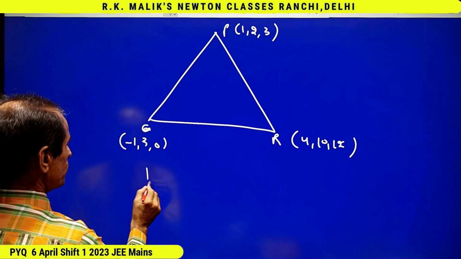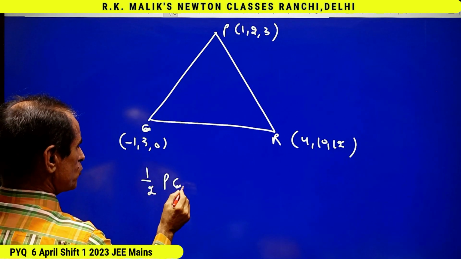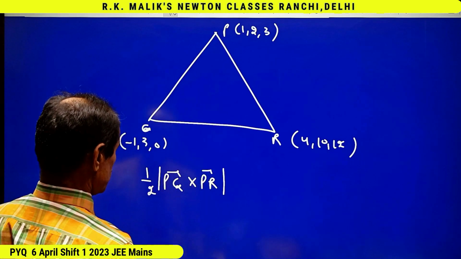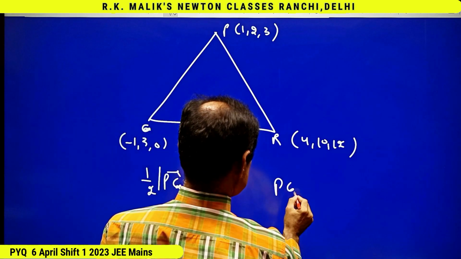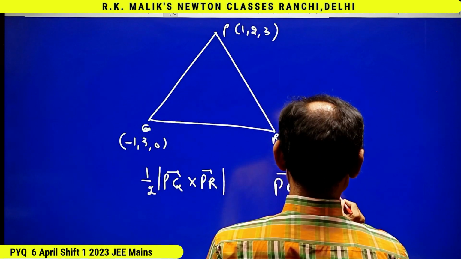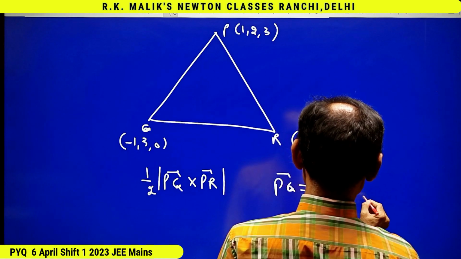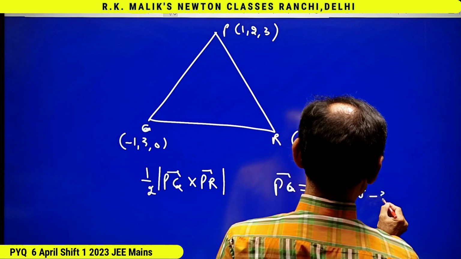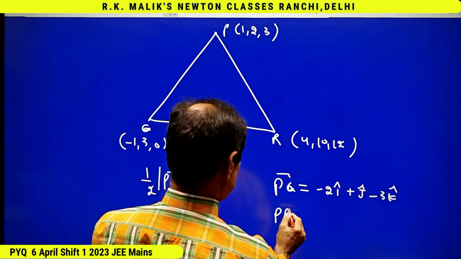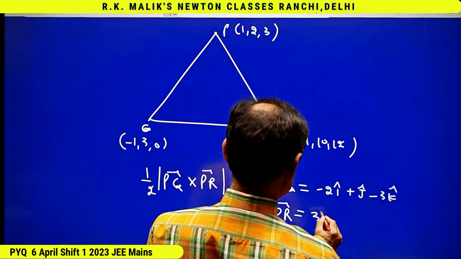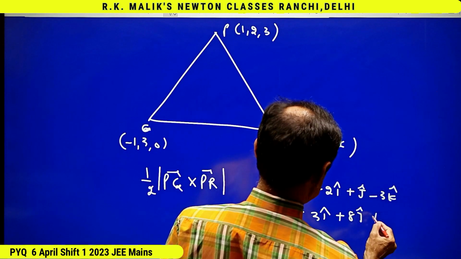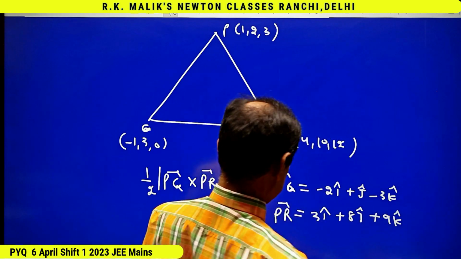Area of this triangle will be 1 by 2 mod of PQ cross PR. Clearly, PQ vector is equal to minus 2i plus j minus 3k. PR vector is equal to 3i plus 8j plus 9k.